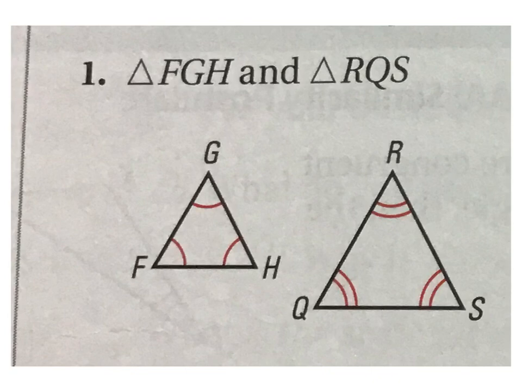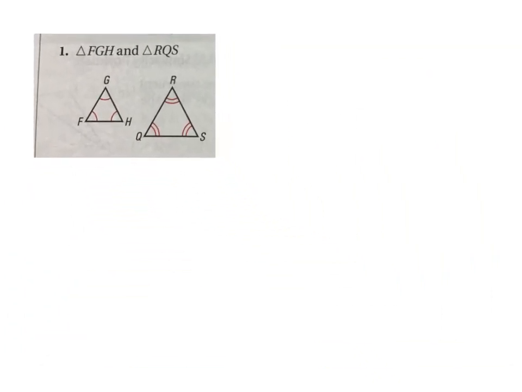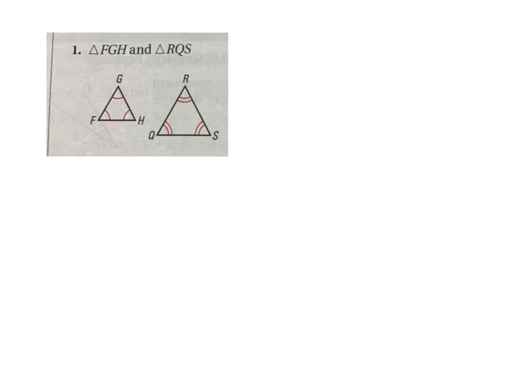Let's do the practice at the bottom of page 376, just for a little extra help. Let me take a picture. So let's look at this one. I have triangle FGH and RQS, and we're trying to decide if they are similar, and if they are, we write a similarity statement.